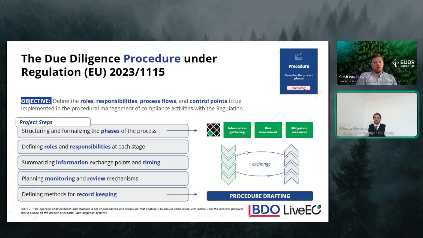So let's now take a look at the best practice for drafting a procedure. We have to define the process macro phases from data collection to the drafting of the final documents. For each of the macro phases, we have to detail all the underlying process flows, the data needed to perform the individual activities in the system, and the data flow of the information.